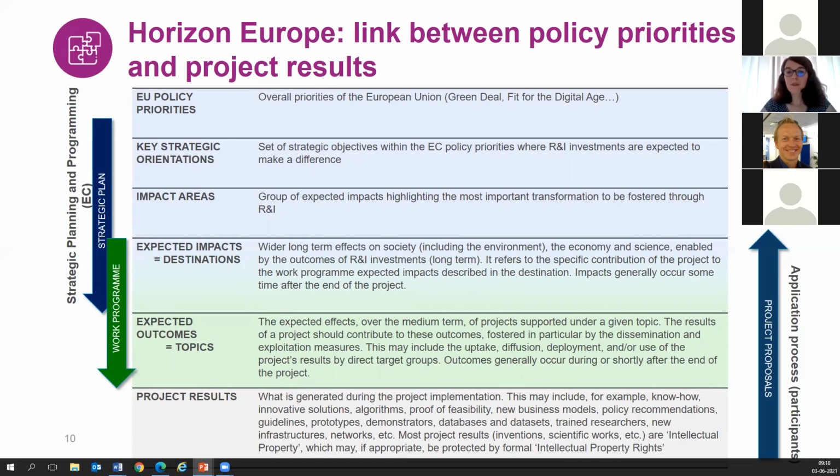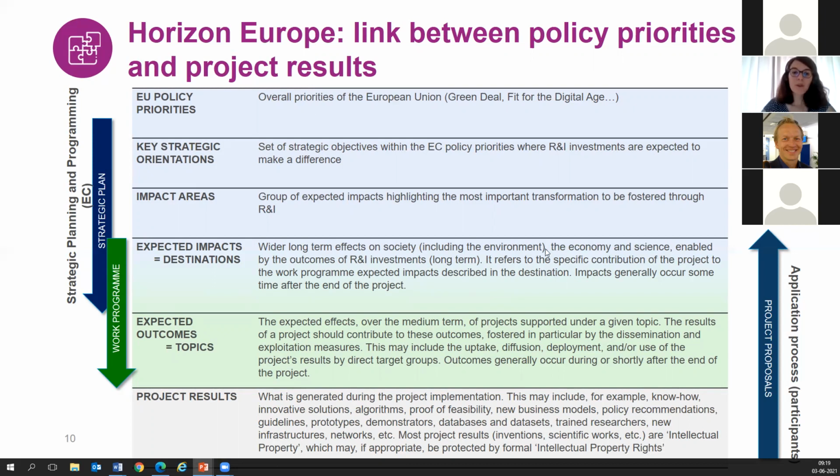They are really something more on a long-term perspective. And when we talk about the expected impacts, we refer to the specific contribution of a given project to the expected impacts listed in the work program. Those impacts generally occur sometime after the end of the project.